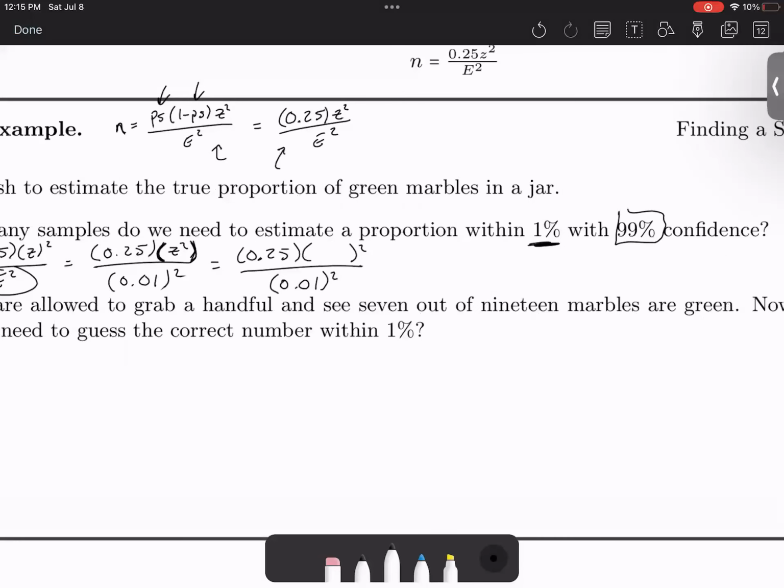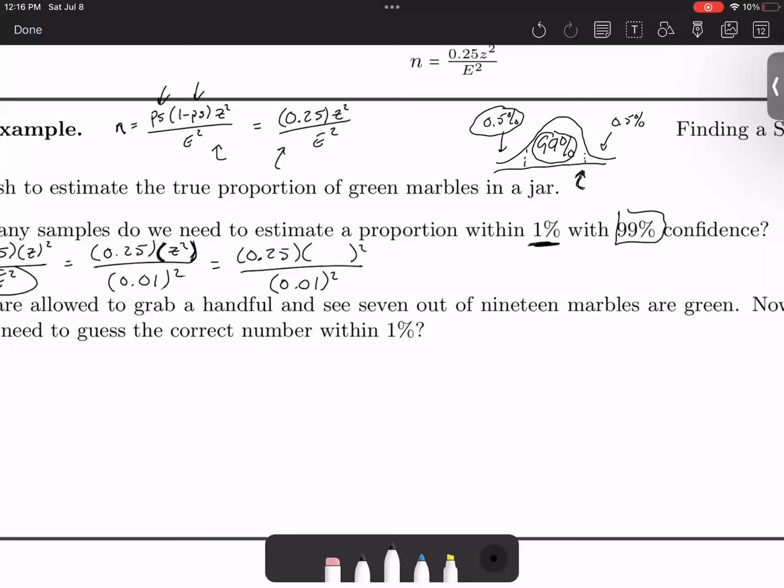So if you draw that picture and you have 99% in the middle, then that means you have 0.5% here and 0.5% there. So this z-value right there that matches our picture has 0.5 plus 99, so 99.5% of the area to the left of it.